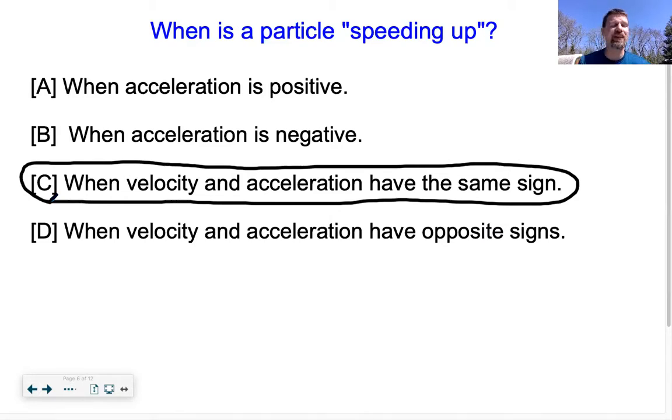Or maybe you're moving in the negative direction and accelerating in that same negative direction. That would be speeding up, because you're already moving in the negative direction, and if you accelerate in that same direction, you're going to speed up. So speeding up happens whenever your velocity and acceleration match, when they're both positive or when they're both negative, because that way they're facing the same direction. You're speeding up in that direction you're already moving.